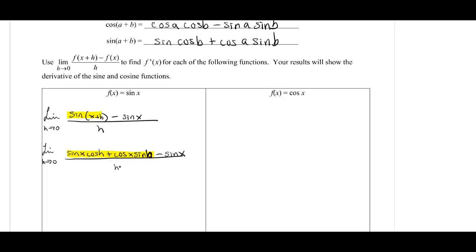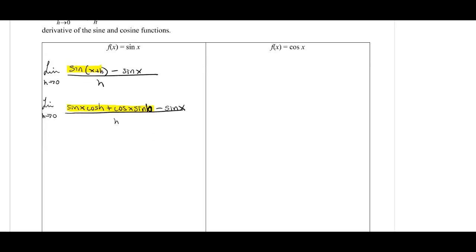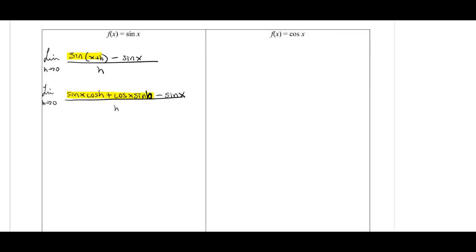Now we're going to do a little bit of rearranging because our approach here is that we want to factor out our sine. And we'll see why in a little bit.